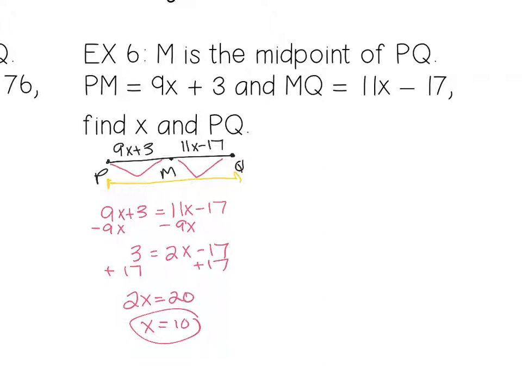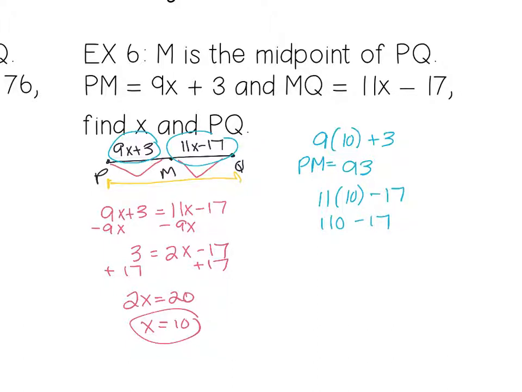Now, in order to find PQ, I'm going to have to plug that x back into these equations. So 9 times 10 plus 3 is 93 for PM. And 11 times 10 minus 17 is 110 minus 17, which is also 93.